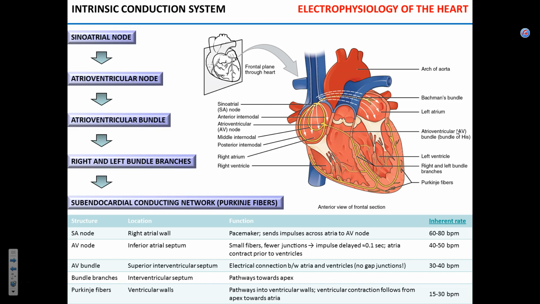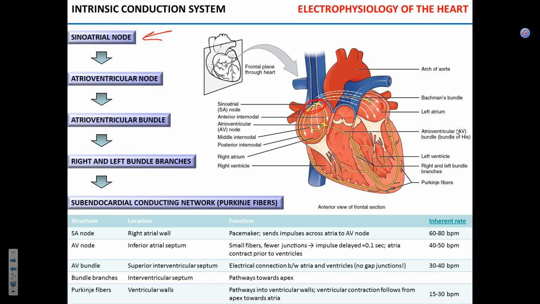So it all starts with a node, sinoatrial. The sinoatrial node is located in the right atrium, at the junction basically between the superior vena cava and the atrial wall.